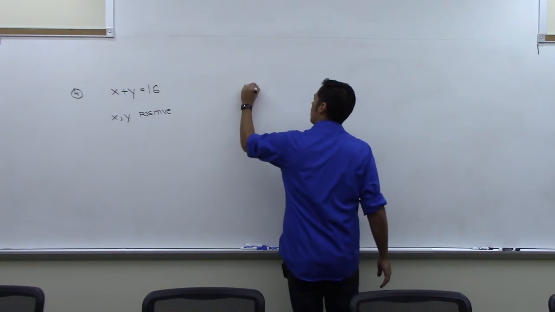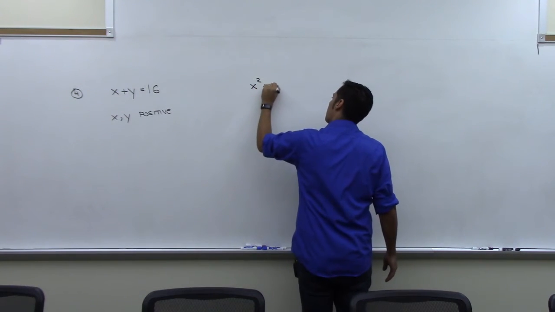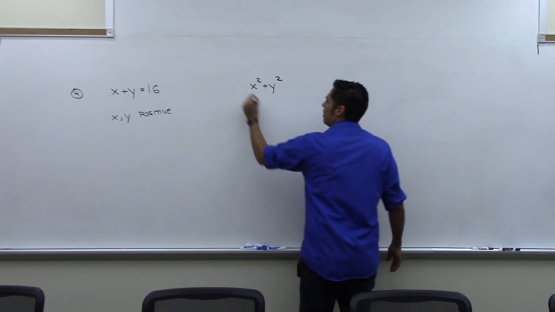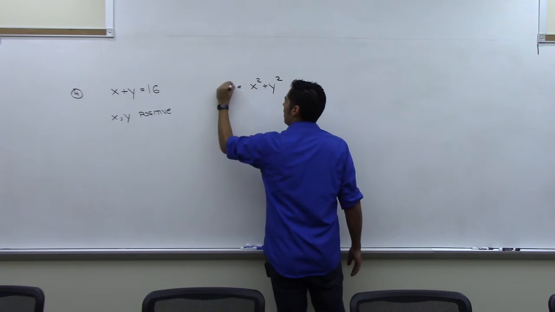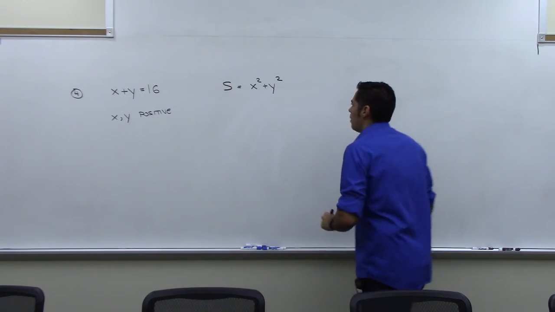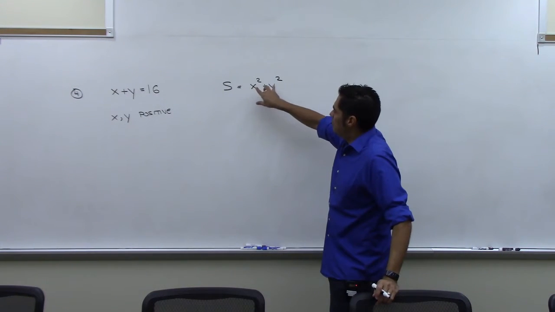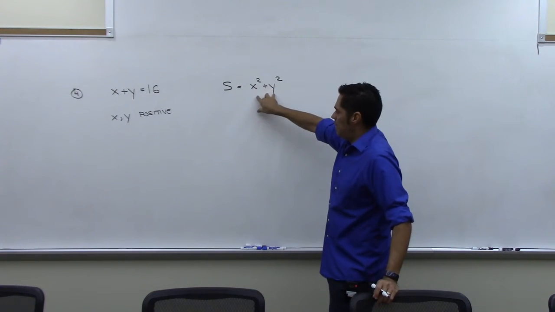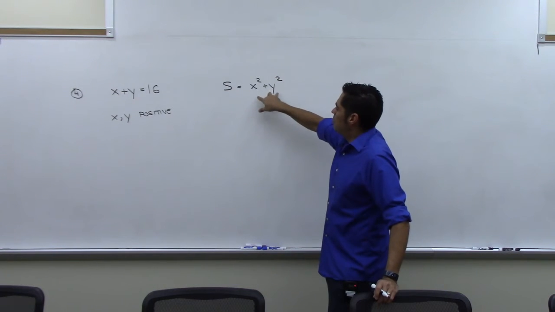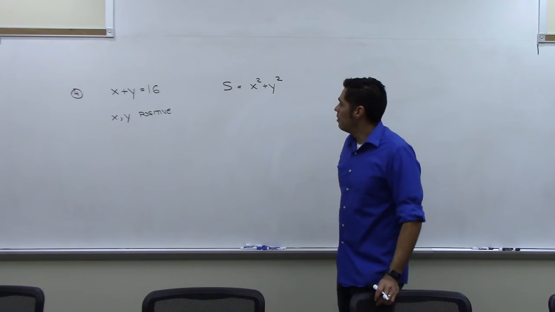The sum of their squares is this. I'm going to call this just s, okay? So what we want is the sum of squares. We want this to be the smallest it can possibly be. So we've got to turn this into a function of one variable.